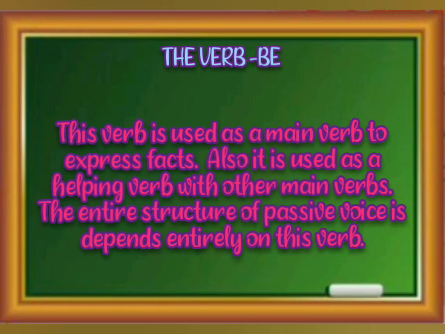This verb is used as the main verb to express facts. Also, it is used as a helping verb with other main verbs. The entire structure of passive voice depends entirely on this verb.